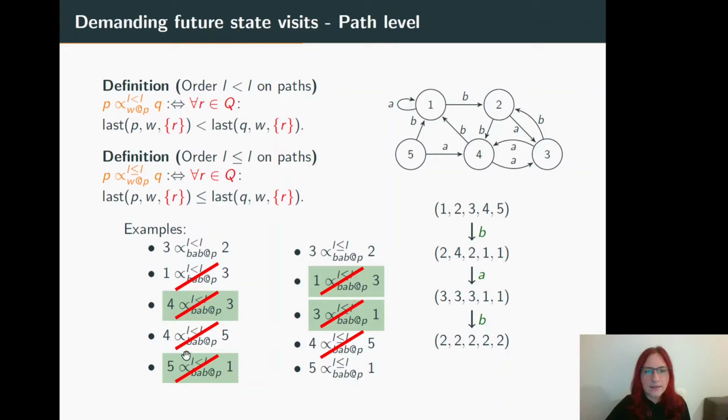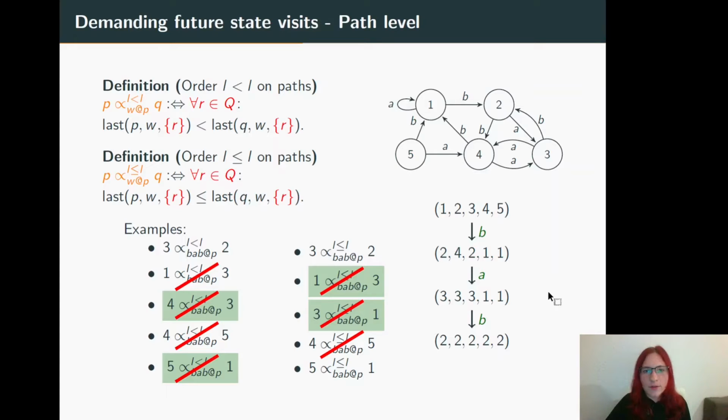And in the case that neither of these states appear on the path, we would have for both cases that the position is -1, and hence the positions are equal and not one is strictly smaller than the other. So what we basically have in the strictly smaller case is that for each bigger state, the state must appear on each path finally.